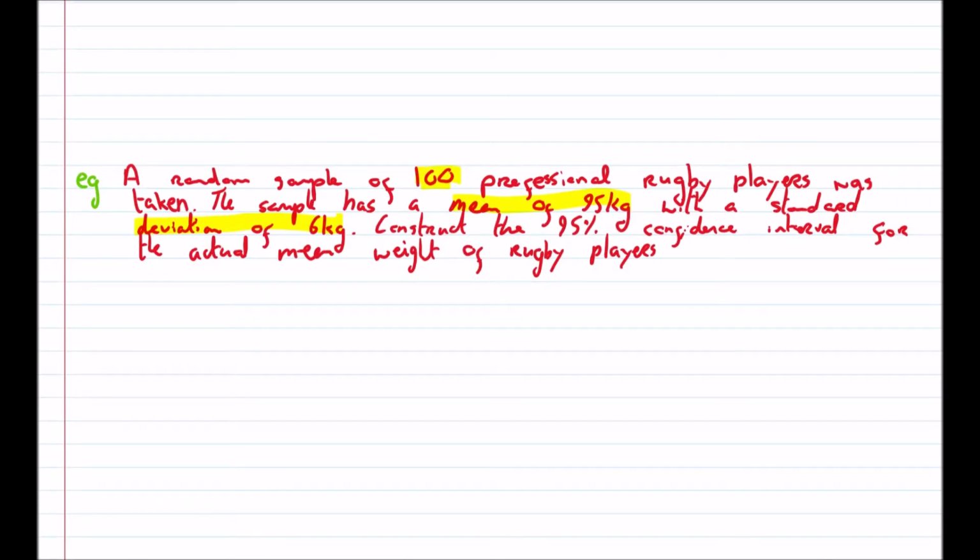Right, so in this question we have a random sample of 100 professional rugby players that were taken. The sample has a mean of 95 kgs with the standard deviation of 6 kgs. Construct a 95% confidence interval for the actual mean weight of rugby players. So this is a confidence interval of a mean. So the real mean will lie somewhere between the mean we got plus or minus 1.96.